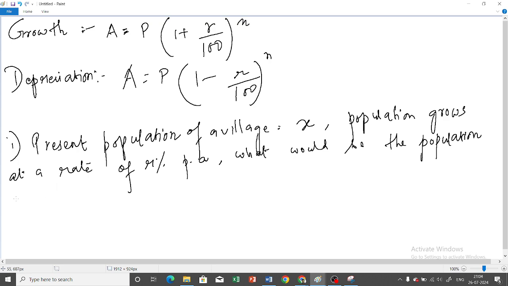What would be the population after n years? So let the population after n years I'm taking as Y.